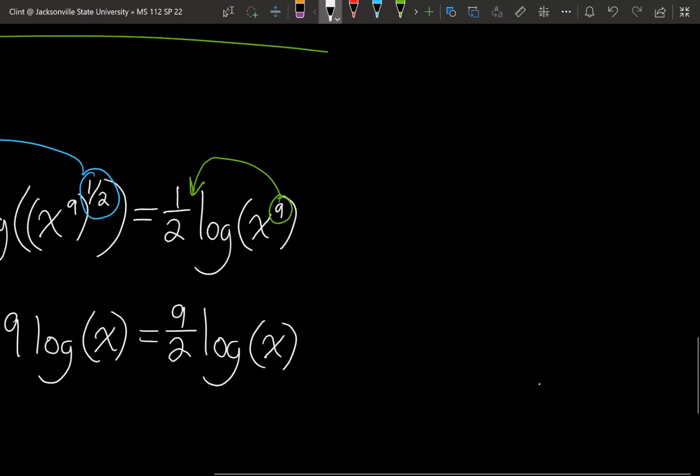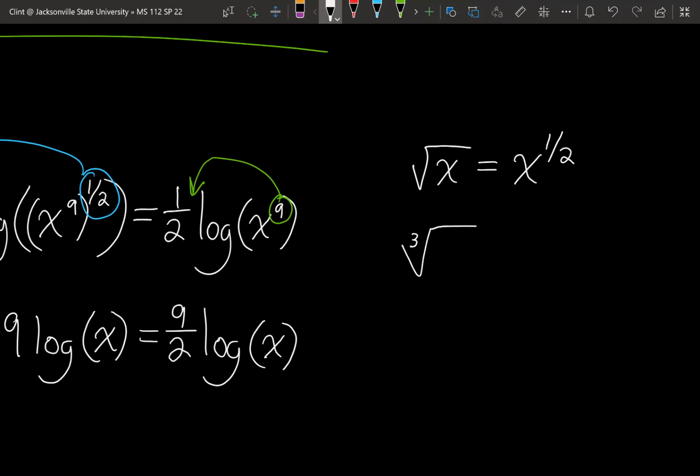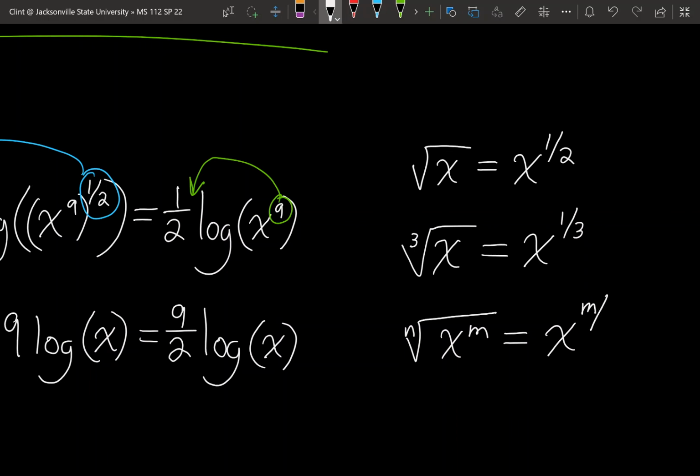Yeah, so just a refresher here: square root of x is x to the 1/2. If you have a cube root, x to the 1/3. And in general, if you have the nth root of x to some power, whatever power is with the x goes in the top, whatever number is the index on the radical goes on the bottom.